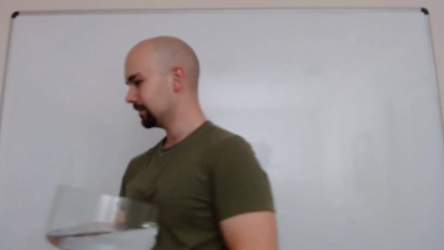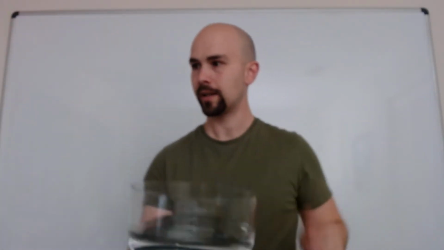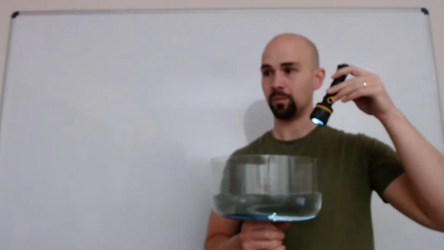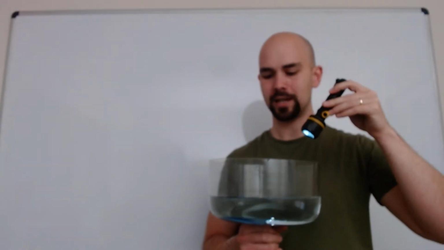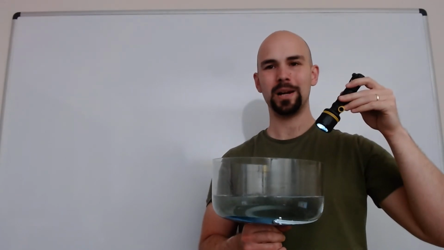So then we're going to take this mirror just to make the reflection a little bit more pronounced. So I have now a submerged mirror. And if all goes well, I'm going to be able to shine this light on the mirror, and it's going to come in as white light, reflect, and refract off as a rainbow.